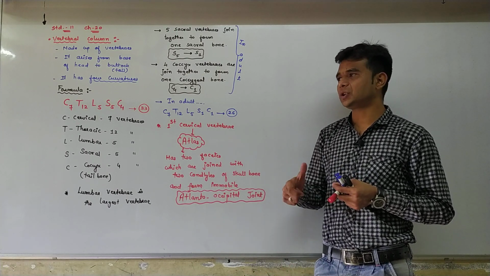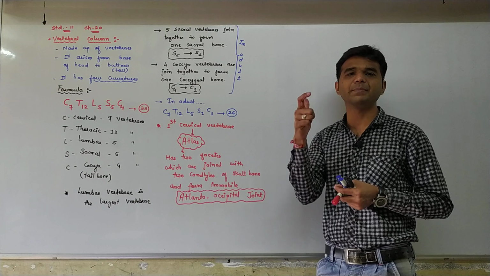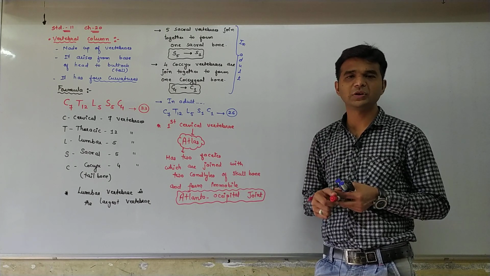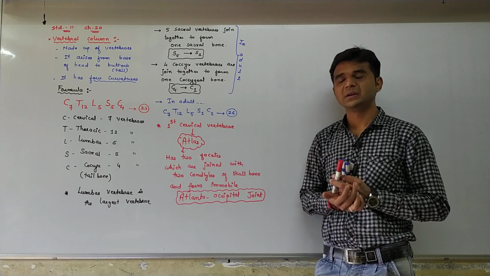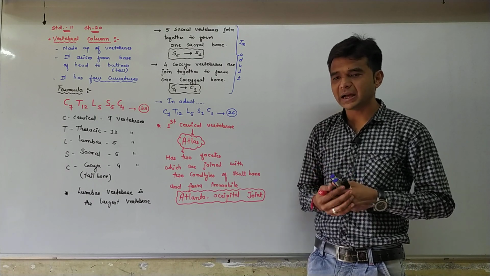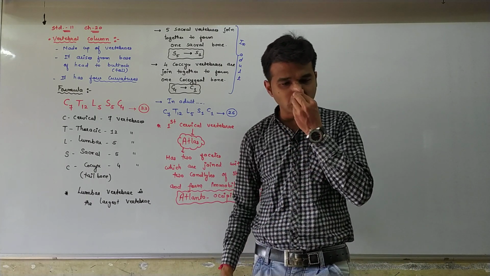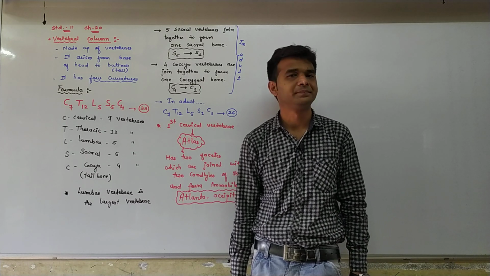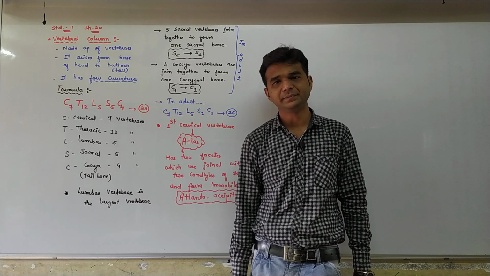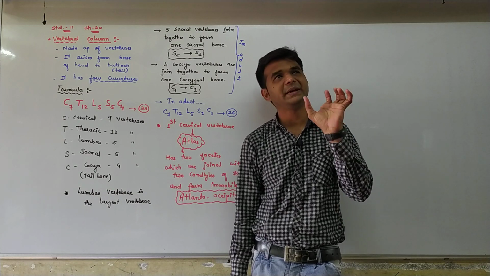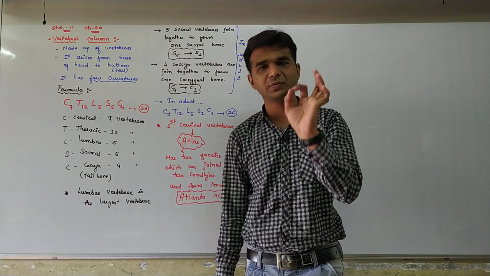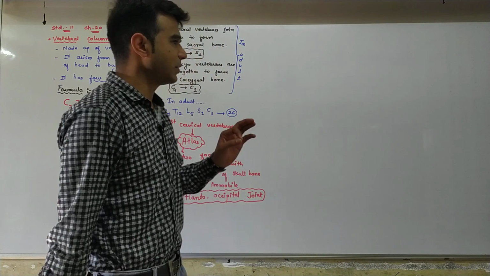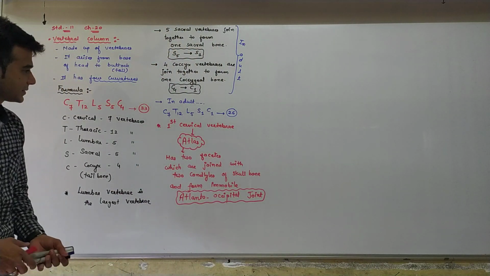But this atlanto-occipital joint is immobile, not able to move. That's why we are unable to move our head. We are moving the neck. Fine. The first vertebra is fixed with the skull.